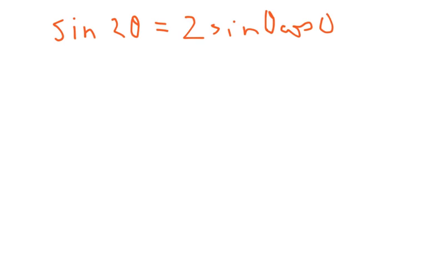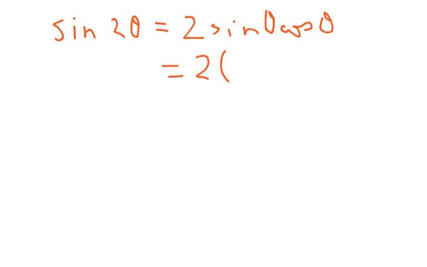The first one is we're going to find sine of 2 theta. And we're going to use our formula. And this is a very important formula, by the way. You'll use this in calculus quite a bit. So sine of 2 theta is 2 sine of theta times cosine of theta. So you just plug it in.